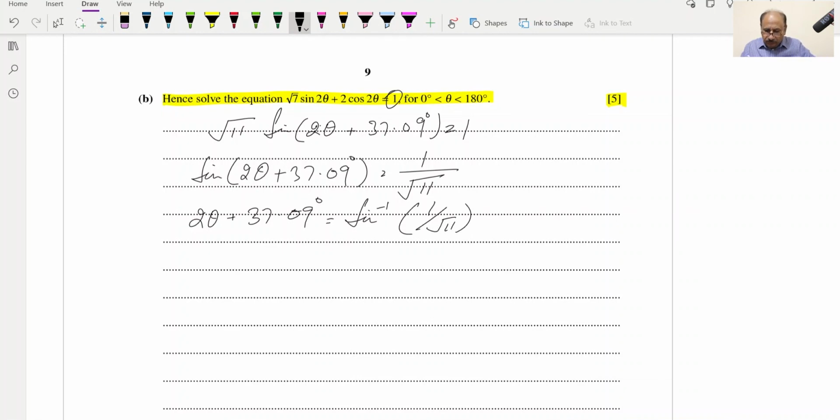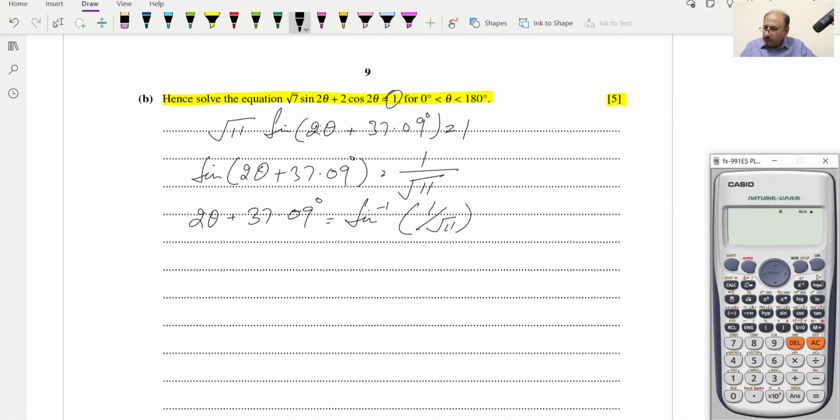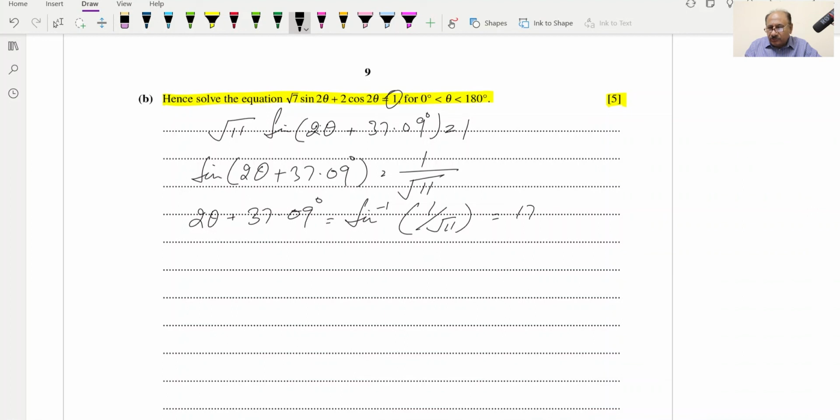Now sine inverse of 1 over root 11, we can check, sine inverse of 1 over square root of 11, and this is equal to 17.5 degrees. Further we can rewrite the equation: 2 theta plus 37.09 is equal to 17.5 degrees. Now we can check for the angles.